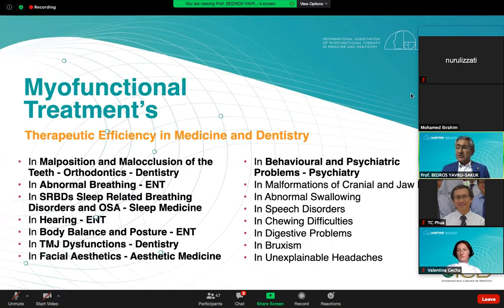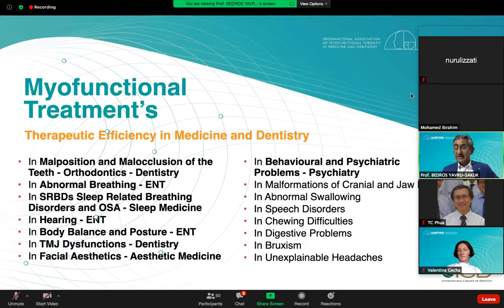Some of the important applications, among many others, that I would like to review today are, first, orthodontics, the correction of malposition and malocclusion of the teeth; then abnormal breathing in relation with the ENT, ear, nose, throat specialty of medicine; the SRBDs, sleep-related breathing disorders, in relation with the ENT and sleep medicine; hearing in relation with the ENT; body balance and posture in relation with the ENT specialty of medicine; the TMJ dysfunctions in relation to dentistry; facial aesthetics in relation with facial aesthetic surgery and medicine.